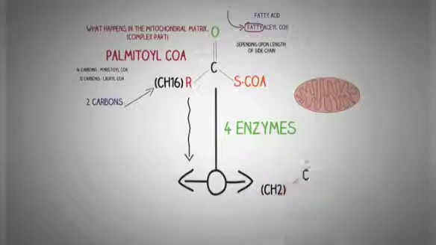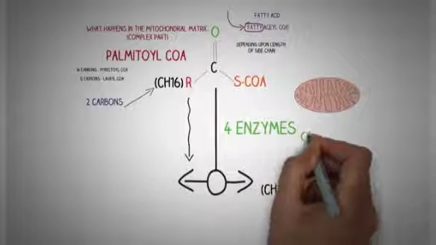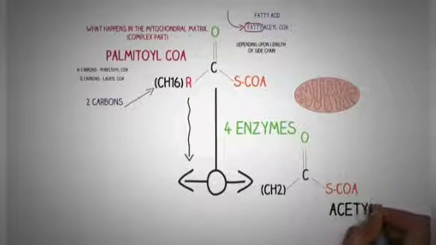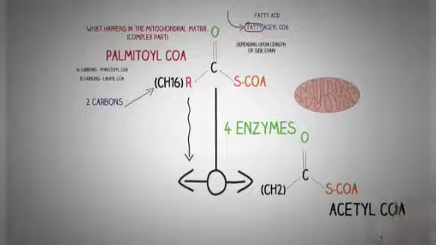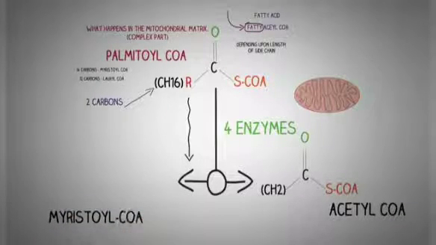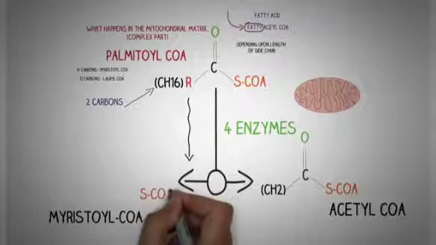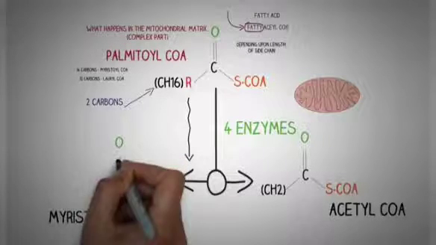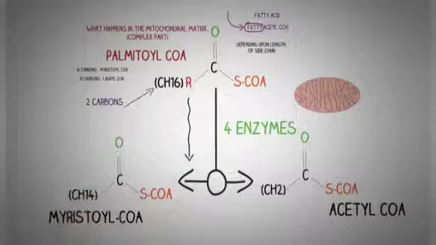One is the acetyl CoA, and the second molecule is a new fatty acyl CoA which is 2 carbons shorter than the original parent fatty acid, which in this case will be a 14 carbon compound called myristoyl CoA.